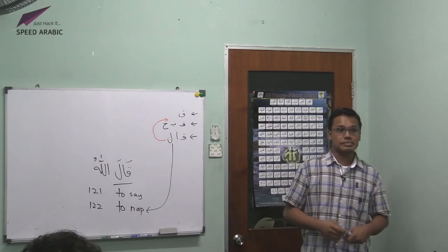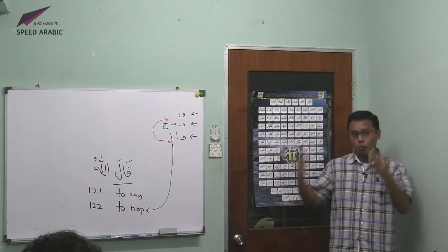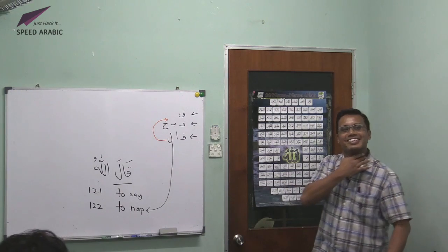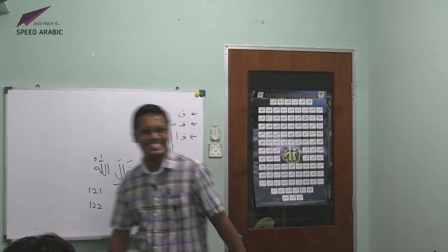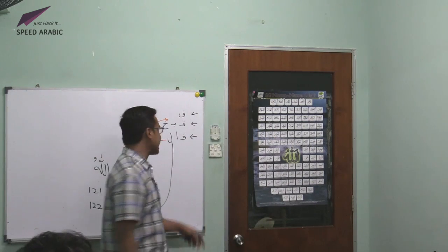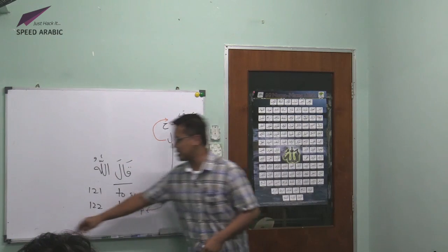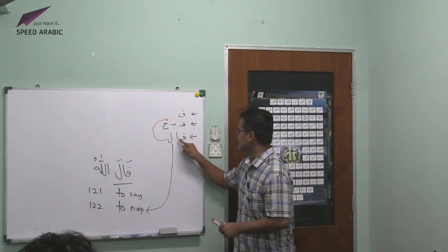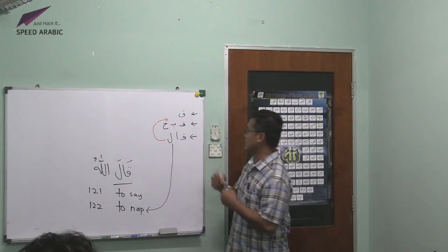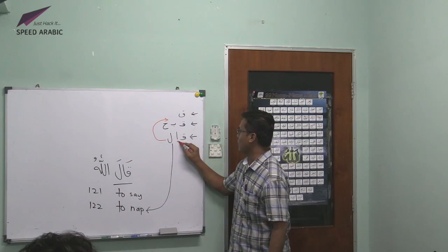Is that an expression of like wow? So the second root is supposed to be waw. Okay? So Abdul Rahim is saying that this alif is actually a waw.